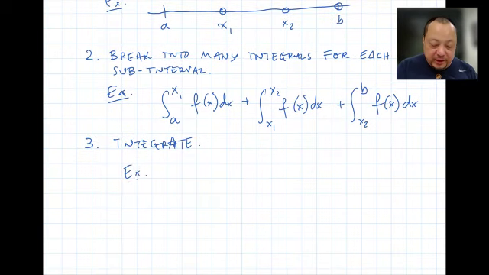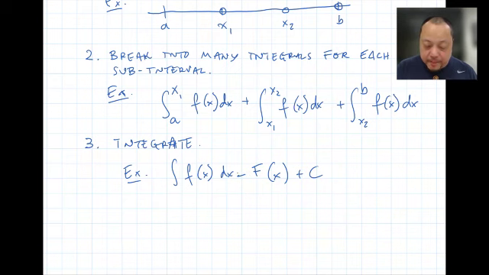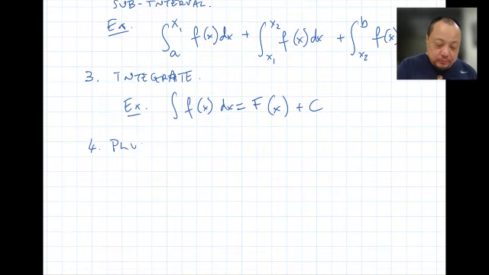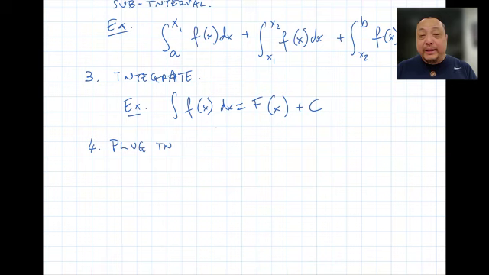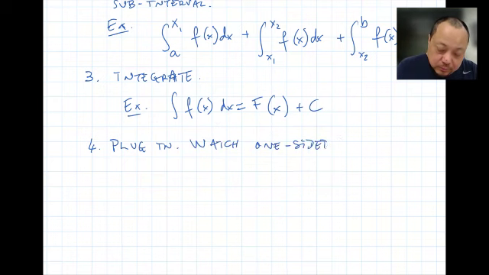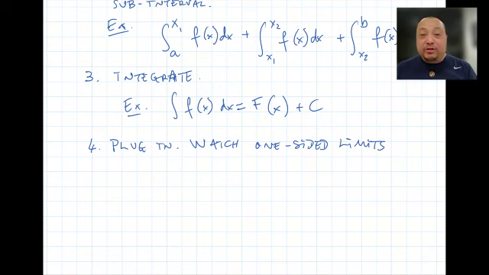So let's just say that the antiderivative of little f is some big F. Then I start plugging in, but now I have to watch out for the limits at points of discontinuity, and also I watch for the one-sided limit, which side it's on.